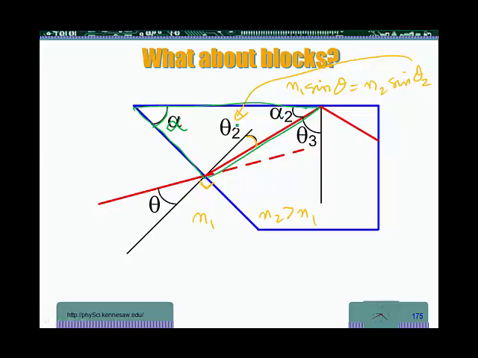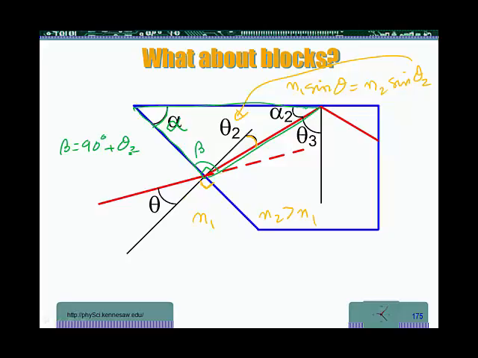Now that we know theta sub 2, we can figure out this overall angle. This overall angle is 90 degrees plus theta sub 2. Let's call this angle beta. So beta is going to be equal to 90 degrees plus theta sub 2.